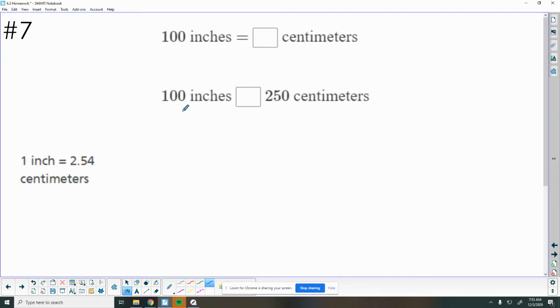Number 7, we're going to compare these. So first, we're going to turn inches into centimeters. So we've got inches and centimeters. So we look on our chart, and 1 inch is 2.54 centimeters. We have 100 inches, and we're going to see how many centimeters that is.